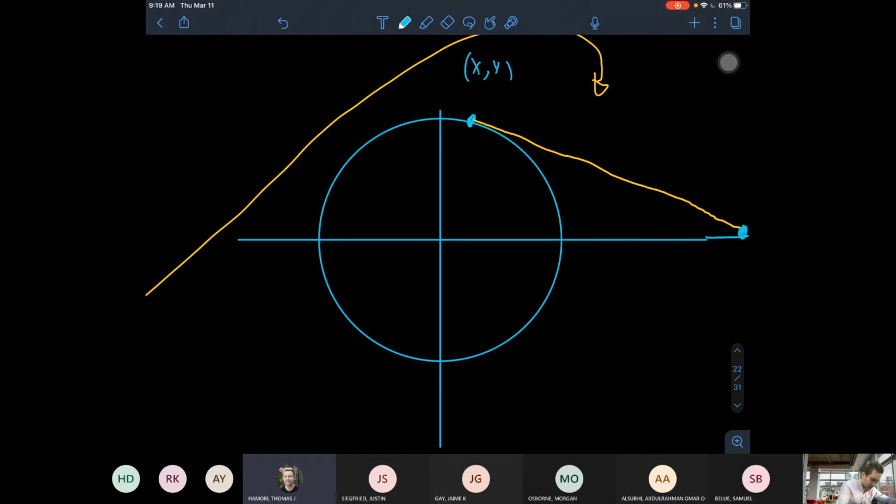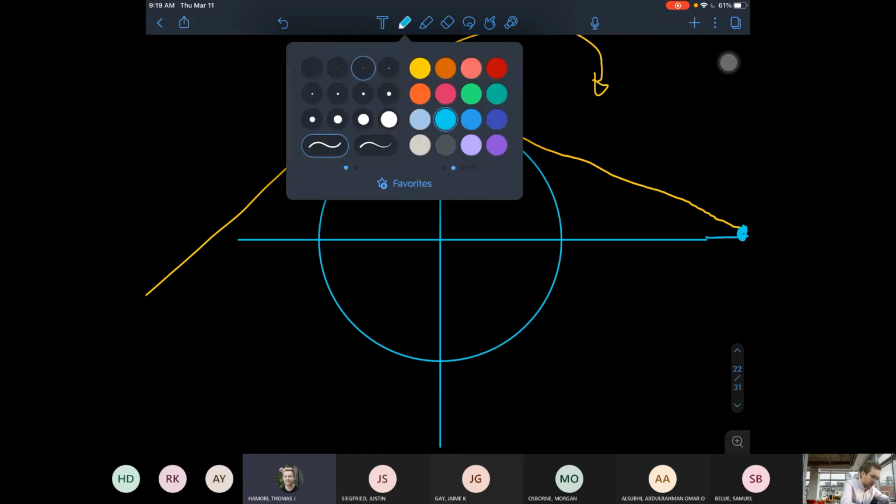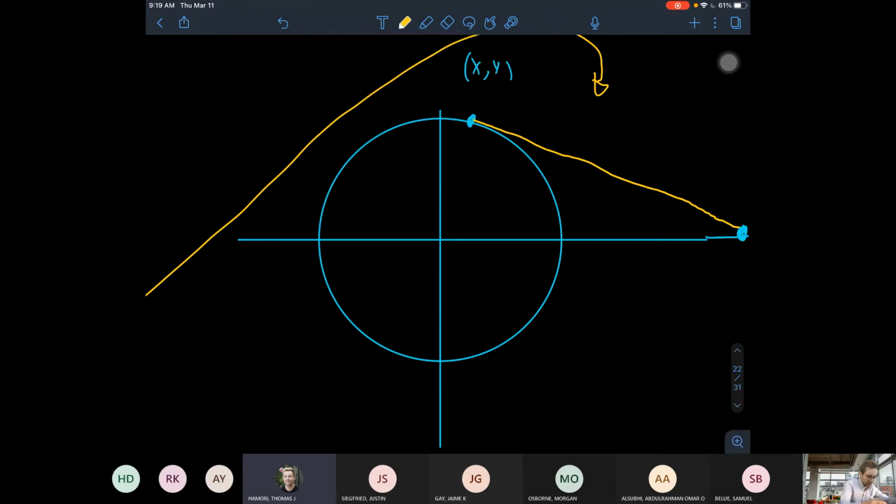So just imagine that it touches right here. Then this length here is tan theta, if this is theta.